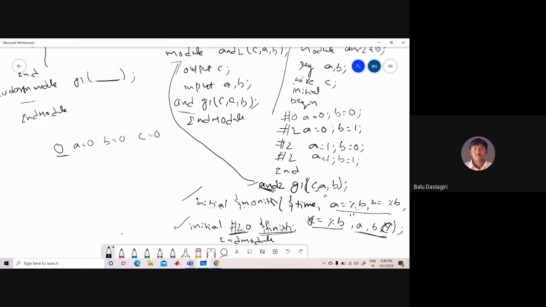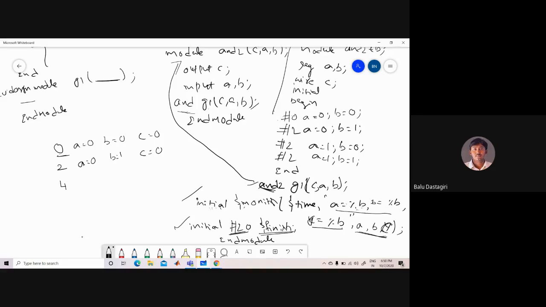Again it goes here, so 0 plus 2, and after 2 units of time the input values A equal to 0 and B equal to 1 will be specified. If A equal to 0 and B equal to 1, the AND operation gives C equal to 0. Again after 2 units, that is 2 plus 2, at 4 units of time.